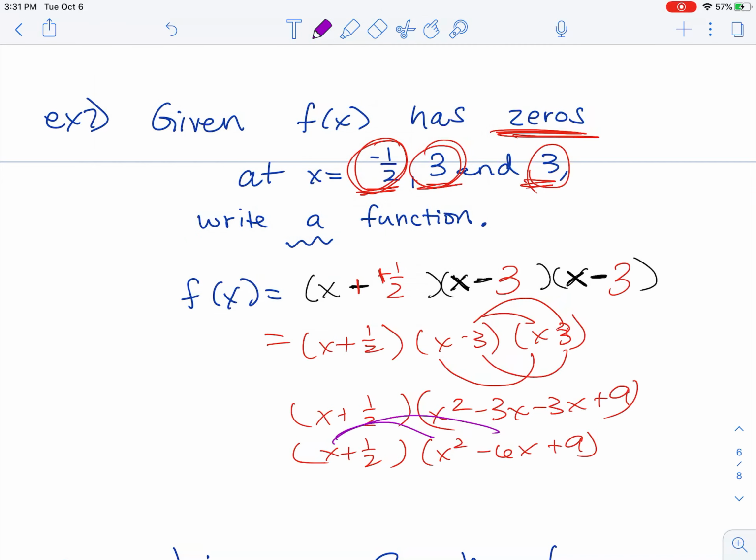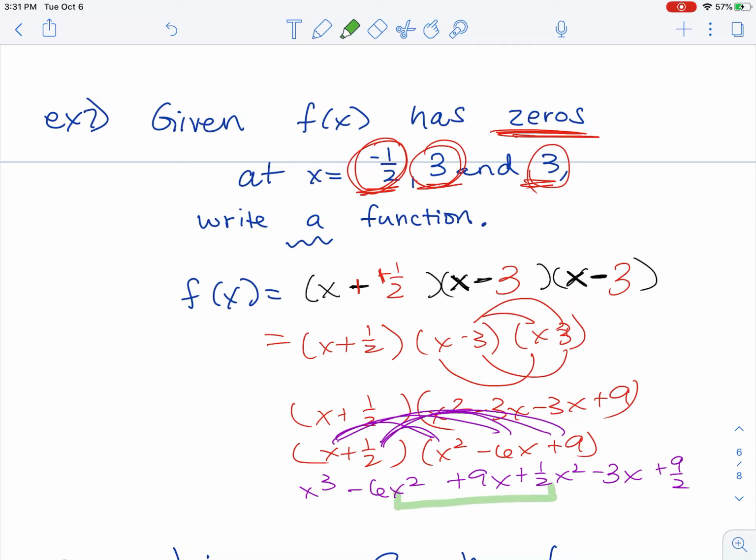So we're going to distribute it first all the way there. So we get x cubed minus 6x squared plus 9x, and then multiply 1/2 plus 1/2 x squared minus 3x plus 9 over 2. And then you're just going to combine your like terms, which we see there's like terms here, and we see like terms here.